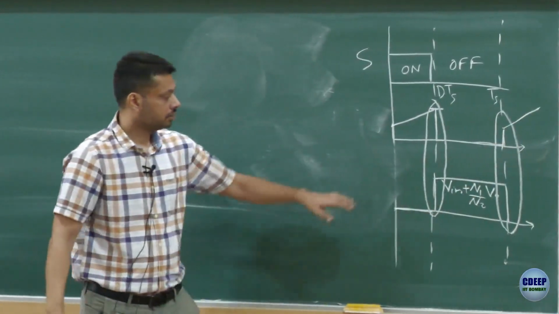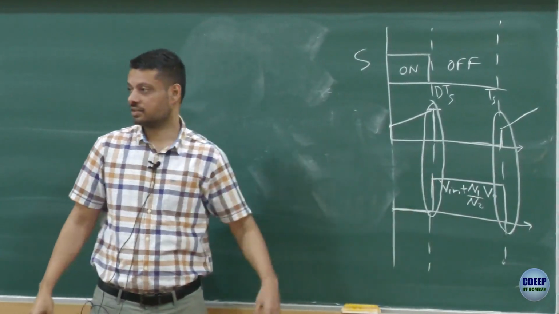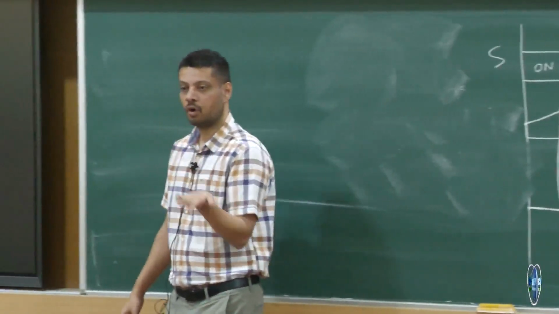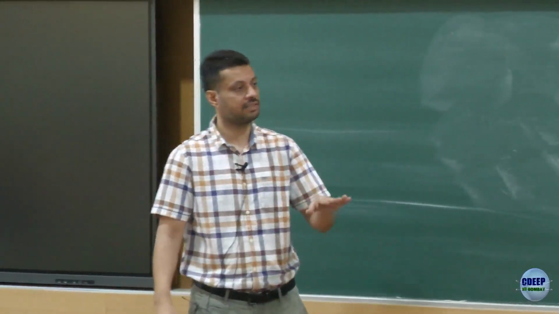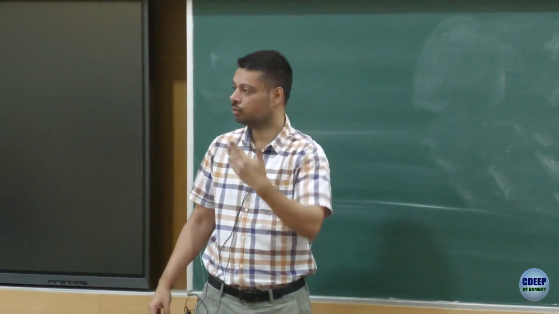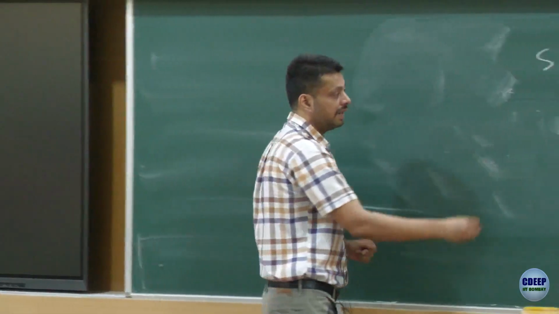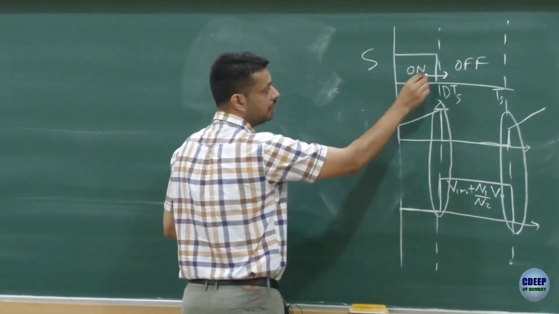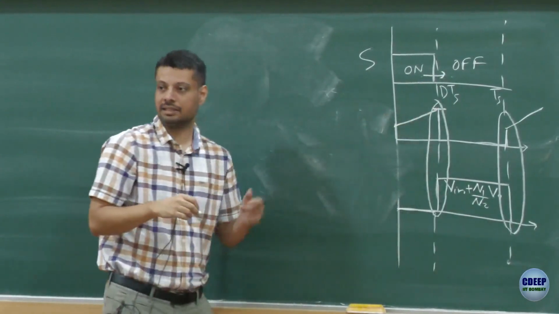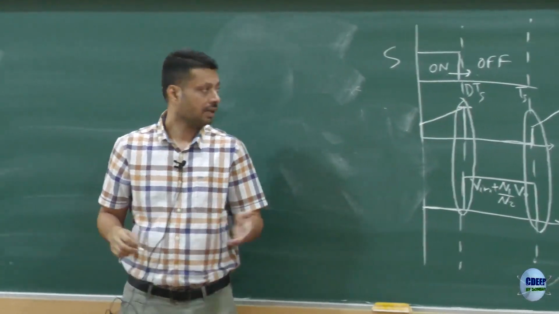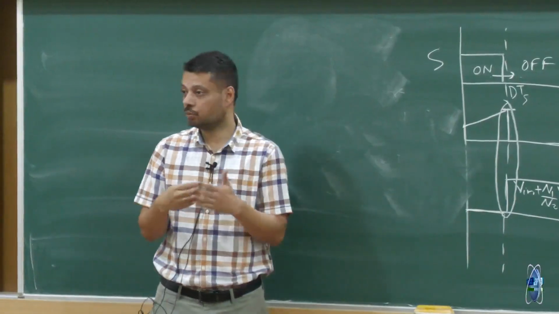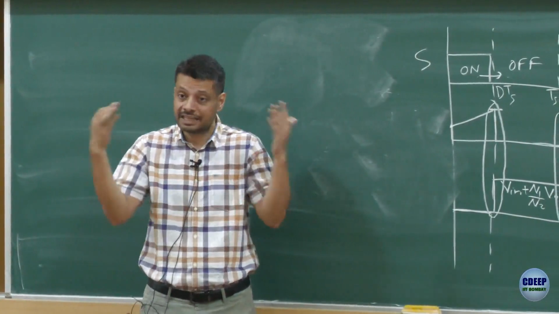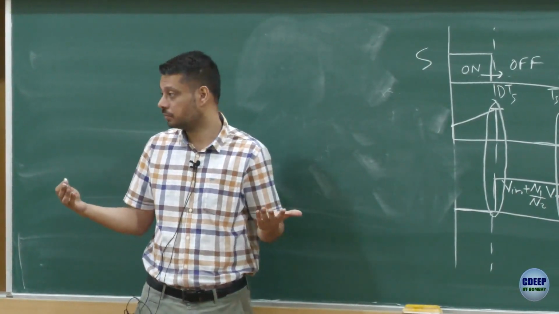The first transition is where the device is turning off, going from on to an off state. The second transition is where it is going from off state to on state. When it is going from on to off, in the on state it had some current, and in the off state the current is 0. In the on state it had 0 voltage, or rather a very small voltage, but in the off state it has a very large voltage, maybe 400 volt, 500 volt.